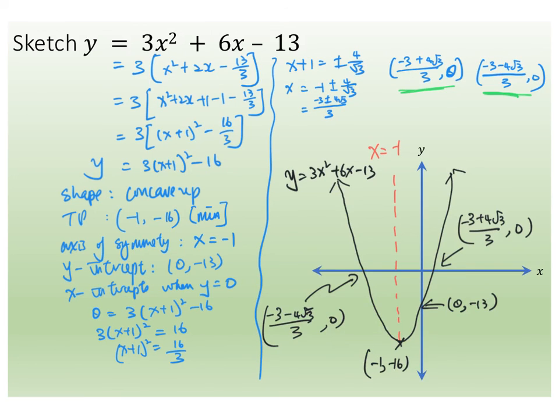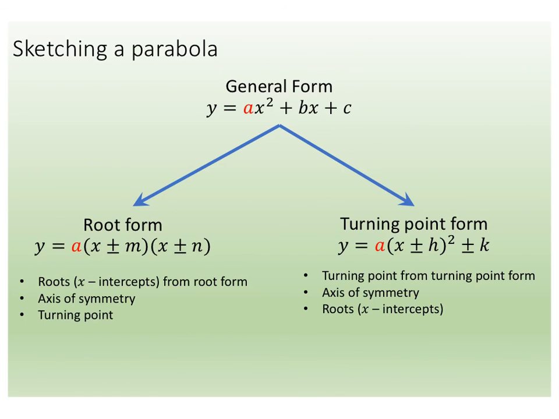Alright, so you know how to sketch a parabola now. A quick summary of the lesson. For sketching a parabola, you know that for general form, you can change it to either root form or the turning point form. General form will actually give us the y-intercept.